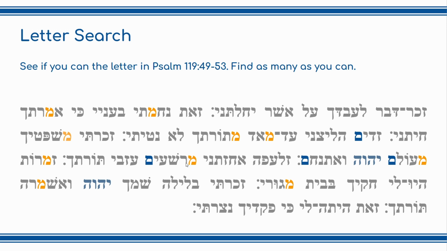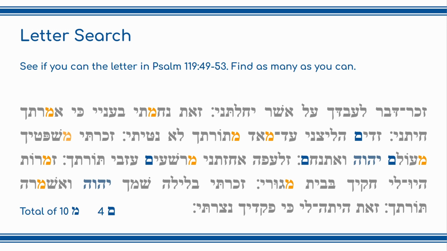But mem, this part, can be at the beginning of a word, or in the middle, like here. So mem can go in the middle or at the beginning of a word, but mem sofit can only go at the end of a word. We have 10 mems in this passage that look like this, and 4 mem sofits that go at the end of the word.